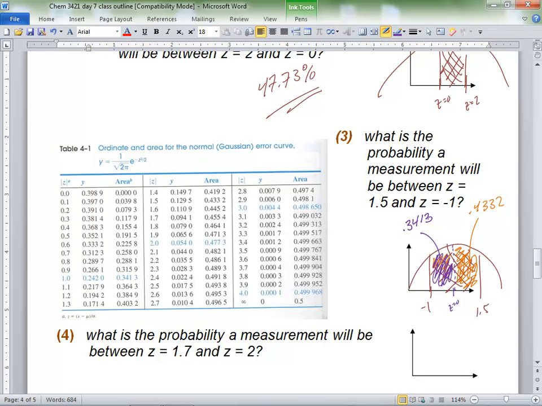So add those up, you get 0.7745. Okay, but we like percents, so let's call it 77.45.